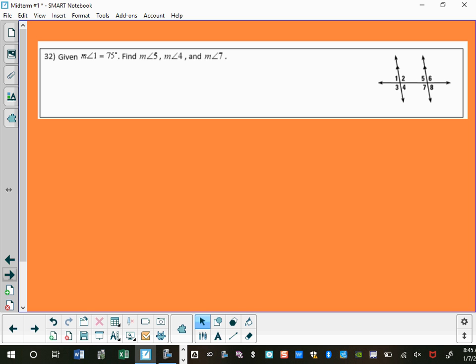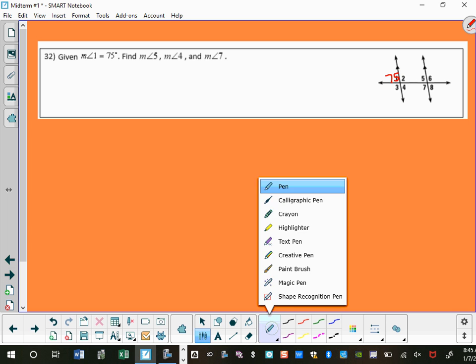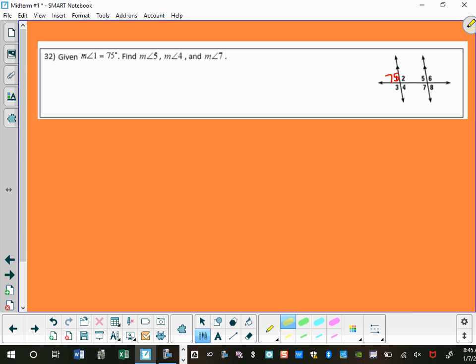All right, number 32. They said, given that the measure of angle 1 is 75 degrees, they want us to figure out the measure of angle 5, angle 4, and angle 7. What's the easiest one to figure out here? 4, 5, or 7?